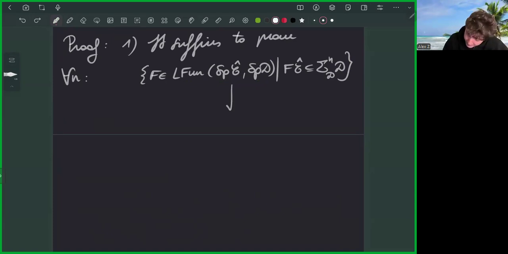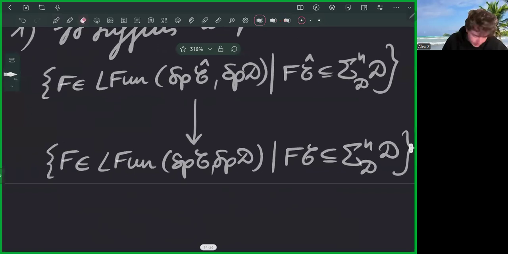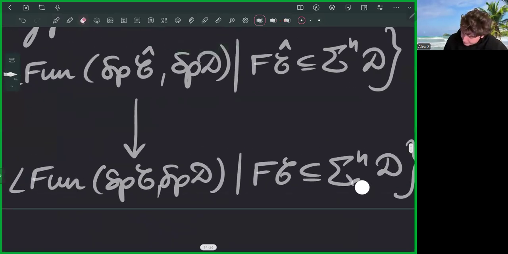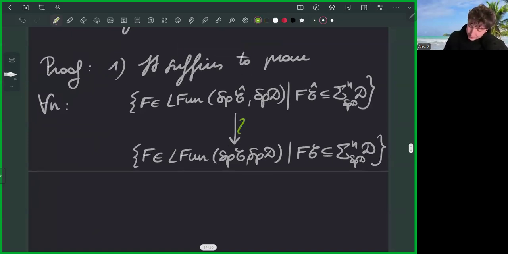On the other hand, what I claim is that this here is equivalent to L-fun SP of C to SPD. Oh, sorry, I think what I really want to write here is a bit of a nonsensical thing, but this should be SPD, right? Okay. So I claim that it's enough to show this.